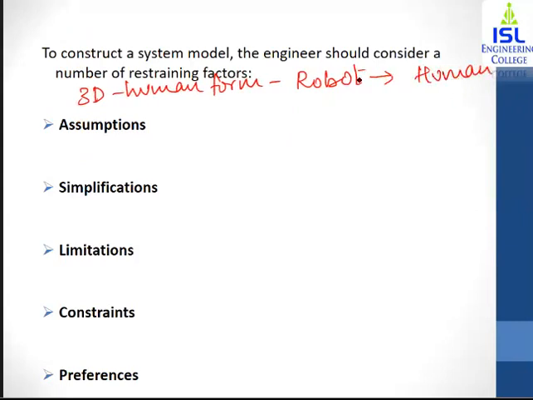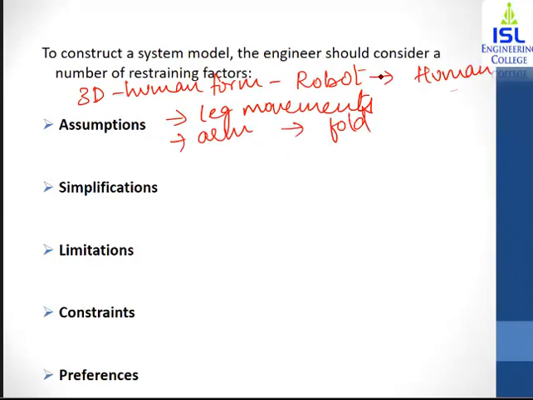That is, what are the differences between a human and a robot. You're going to specify what are going to be the leg movements. Within the leg movements, you're going to make an assumption that the robot cannot wrap its legs, whereas within the arm movements, a robot might not be able to fold its arms. So these are the different assumptions that are going to be made while you're designing a specific model.